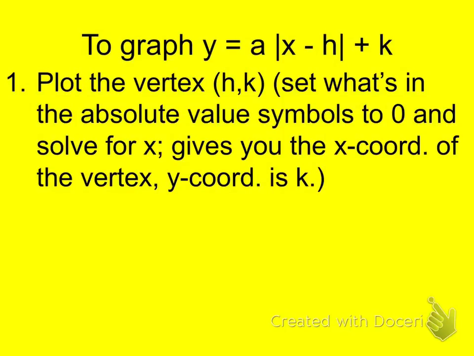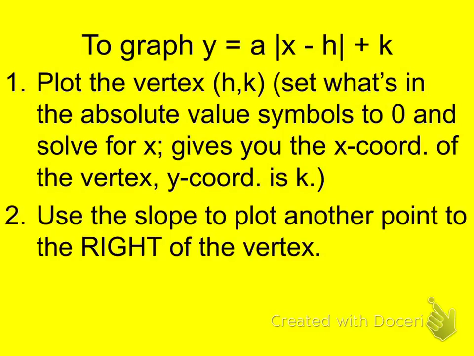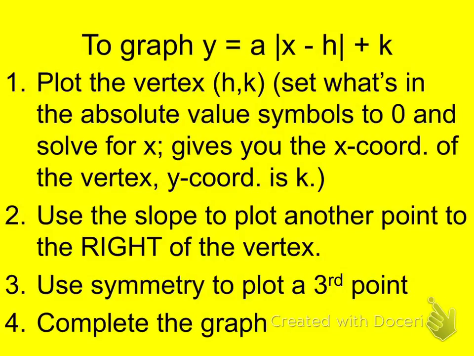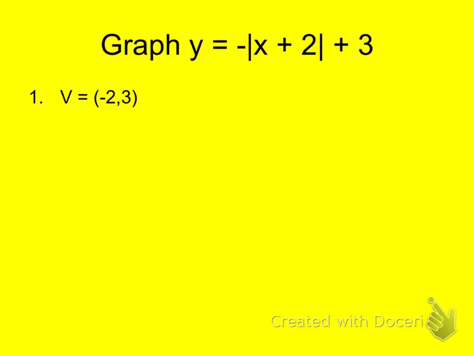That gives you the x-coordinate of the vertex, and the y-coordinate is going to be your k. We're going to use the slope to plot the other point to the right of the vertex, identify our line of symmetry and that third point, and complete our graph.